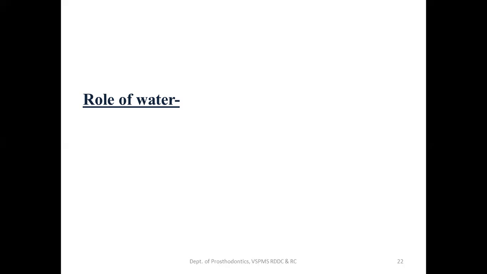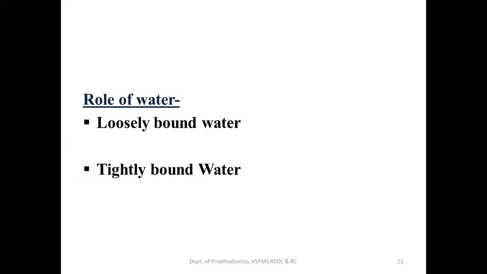Okay, now we should write the role of the water in two forms, that is, loosely bound water and tightly bound water. Now what I said is that 11 to 24% of the water is still present in the set cement and it is playing a critical role in the reaction. In the initial stages the water is acting as a reaction medium, and later on it slowly hydrates the cross-linked matrix.